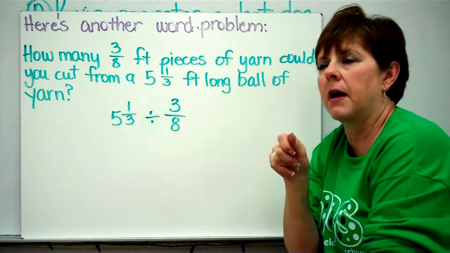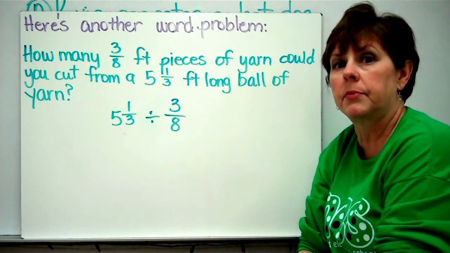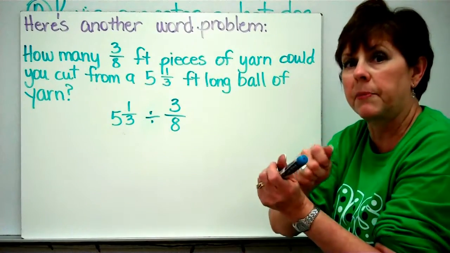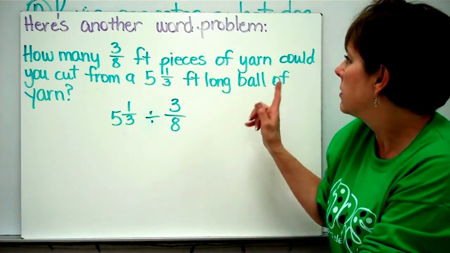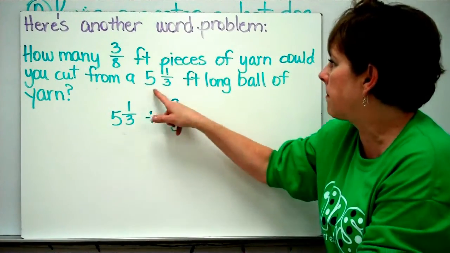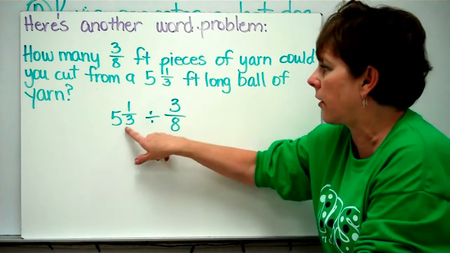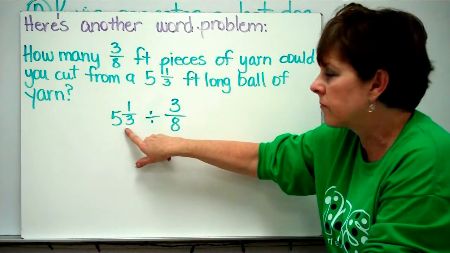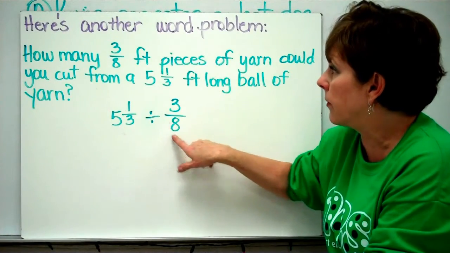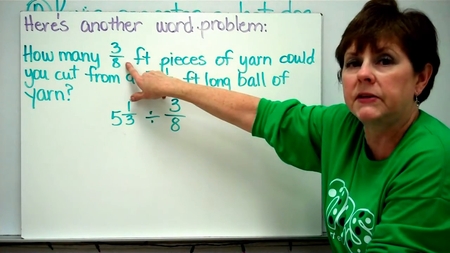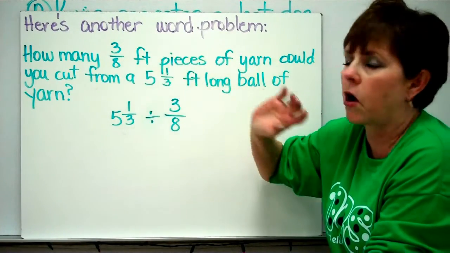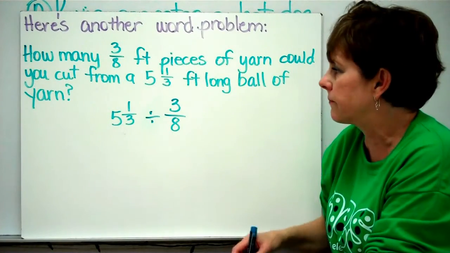When I cut stuff up, that means I divide it up. When I cut it up into smaller pieces, I'm dividing it up. So I'm going to take my whole long ball of yarn, 5 1/3, and I'm going to divide it by 3/8 because that's the size piece I need of yarn for whatever it is I'm doing.